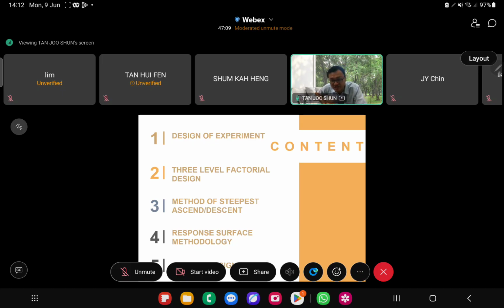Like what I mentioned that day, two-level factorial is used for screening of the factors, to find which are the significant factors. Then after you do the screening and select the factors, you will start to find the optimum range.